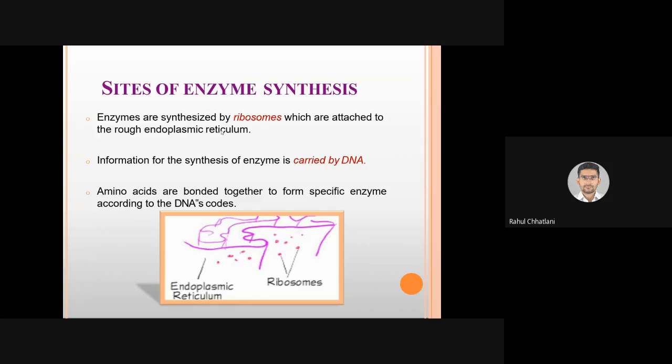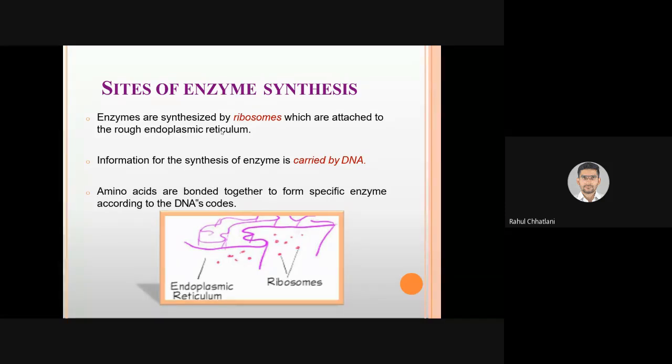Amino acids are bonded together to form a specific enzyme according to DNA's code. So the whole DNA is there. From that, a specific part is taken. It is transcribed, that is transported by RNA, and later these ribosomes decode it and form a specific protein. So this is how an enzyme is synthesized.